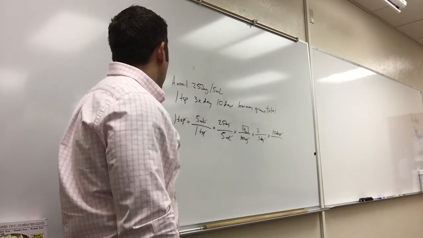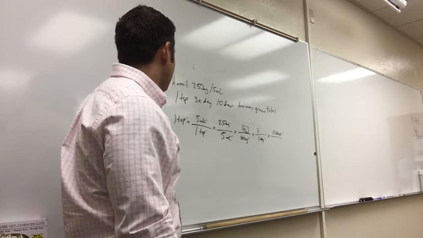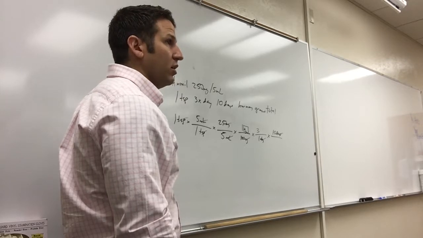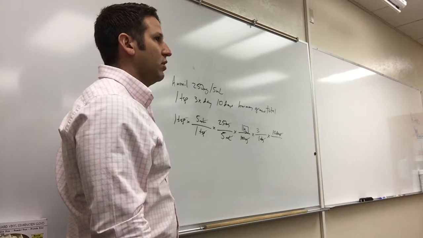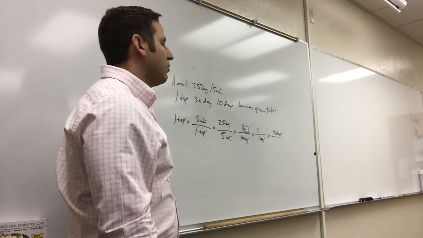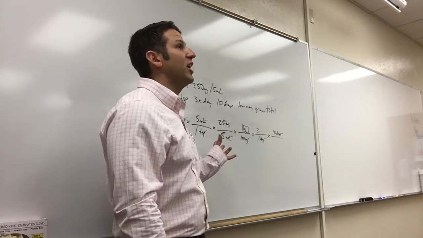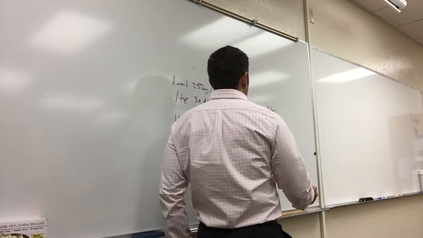So, 1 times 5 times 250 times 3 times 10, divided by 5, divided by 1,000, or you can say divided by 5,000 total. What does that come out to?